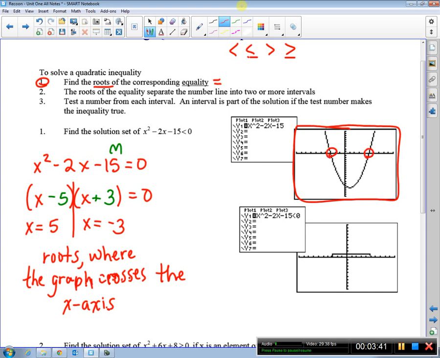Well, let's back up a minute. We actually were solving an inequality, remember, and we're looking for where this parabola is less than 0. So there's a couple ways that we can interpret this. First of all, we can look at being less than 0 as meaning we want to look below the x-axis.